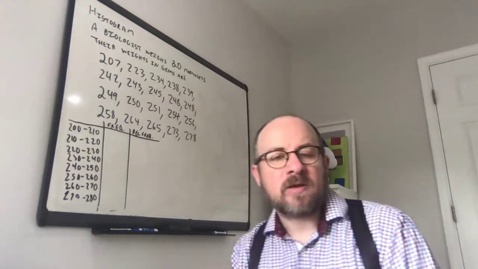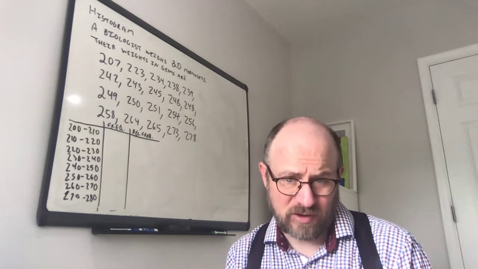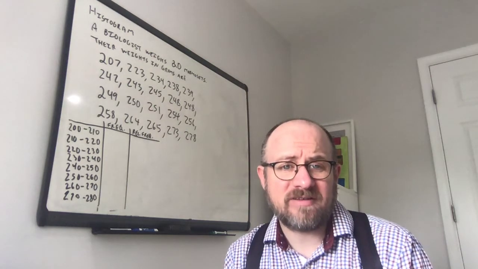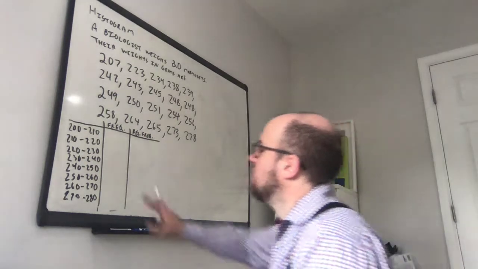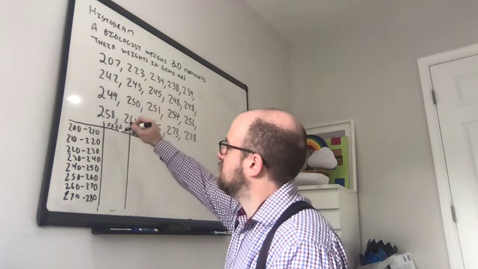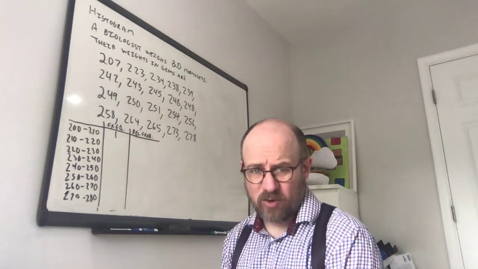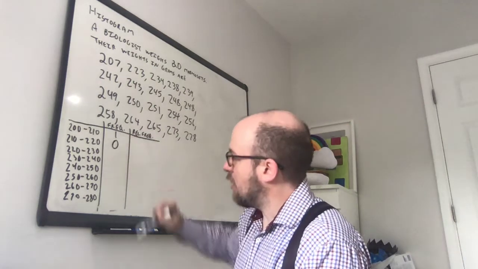Okay, so now rather than counting the frequency of individual values, since most of those frequencies are just 1, we're counting the frequencies of categories. Okay, so how many values fit in 200 to 210? Well, there's 1, just 207. That's the only one in that category. How many in 210 to 220? 0.